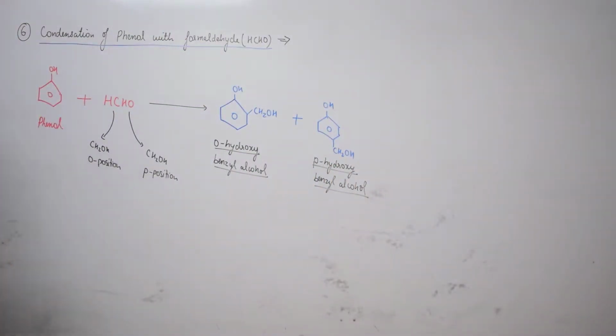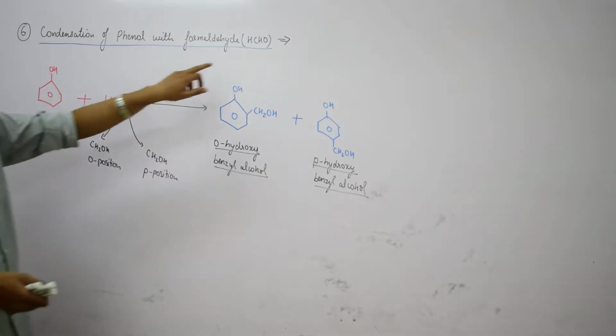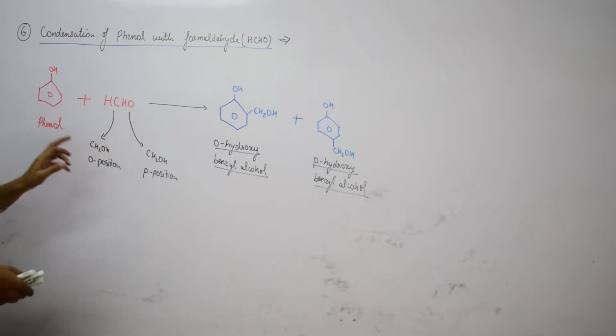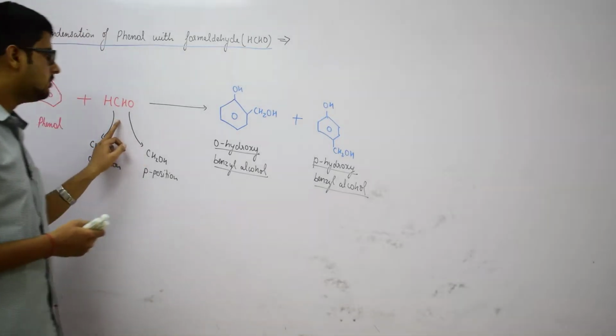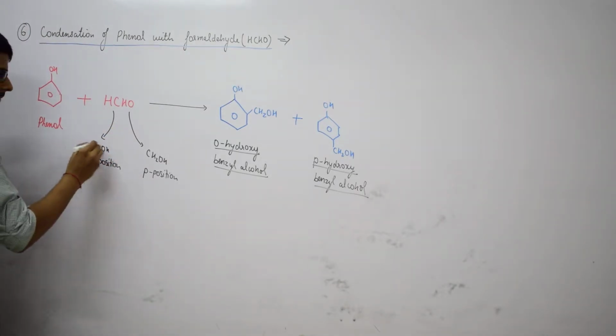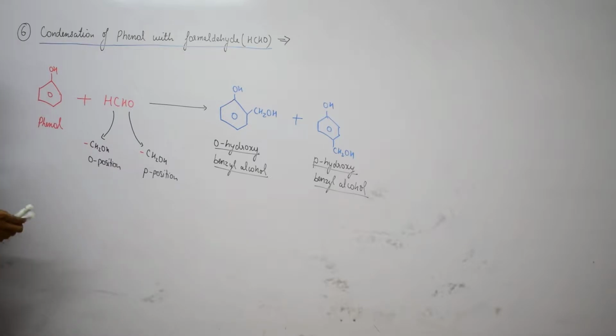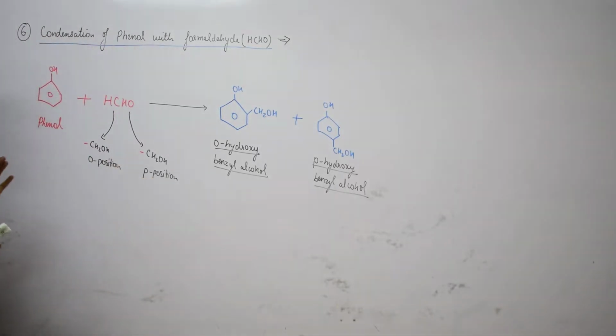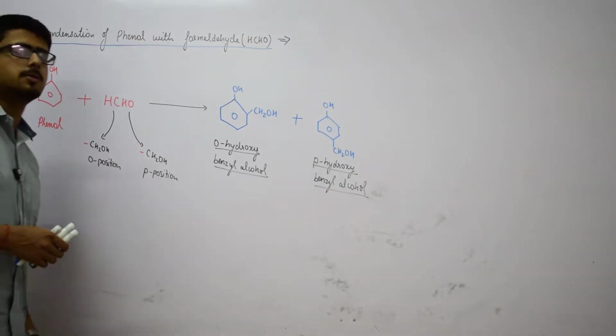What happens when phenol is treated with HCHO? This formaldehyde molecule introduces the CH2OH group mainly at the ortho position and para position. So, it involves two product formation, ortho and para substituted products.